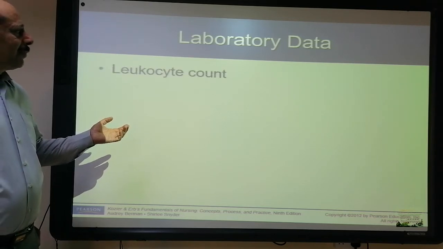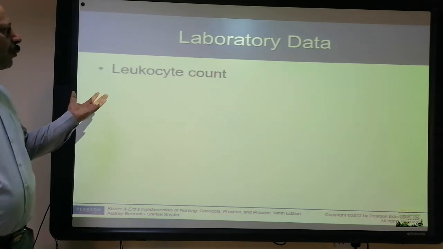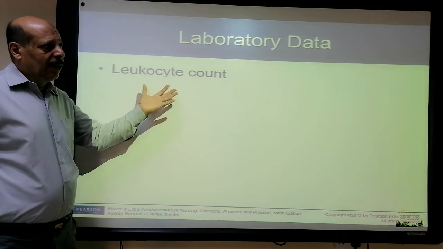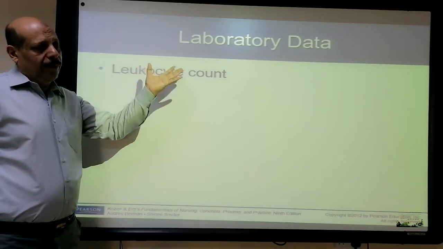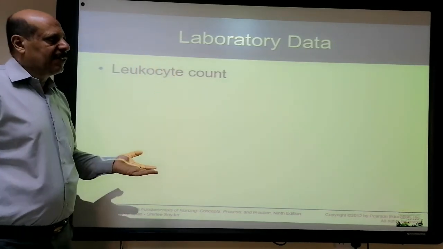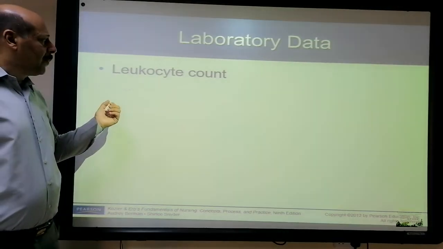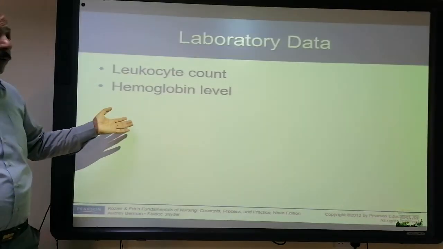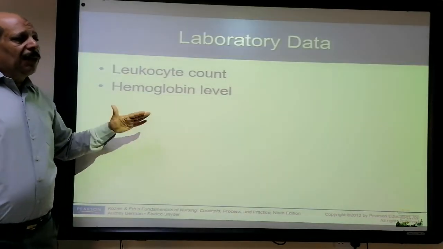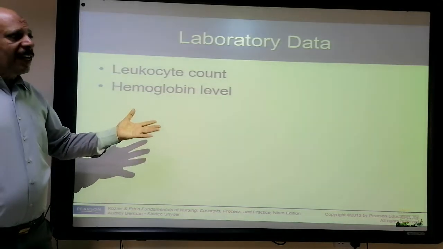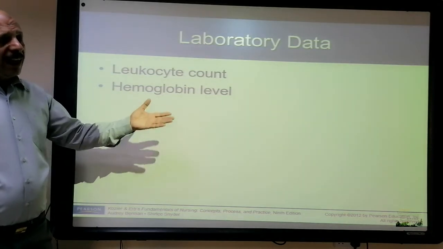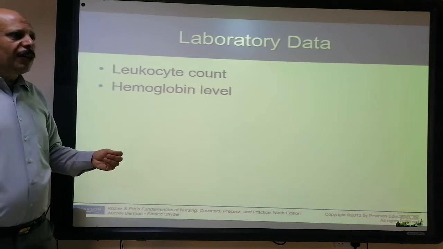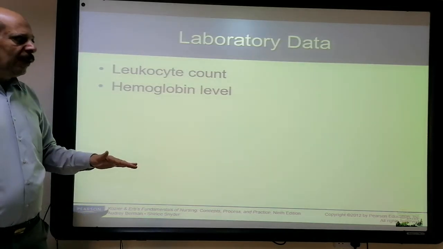Laboratory data: we have to look for leukocytes or white blood cells, because if infection is there, the white blood cell count will be high. Hemoglobin level, if it is low, it means that the exchange of gases and transfer of oxygen to the tissues will be low.